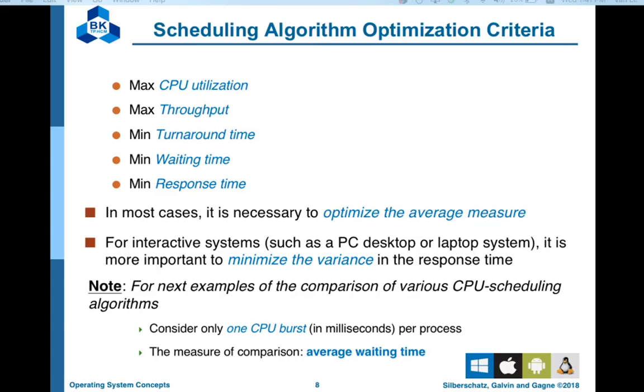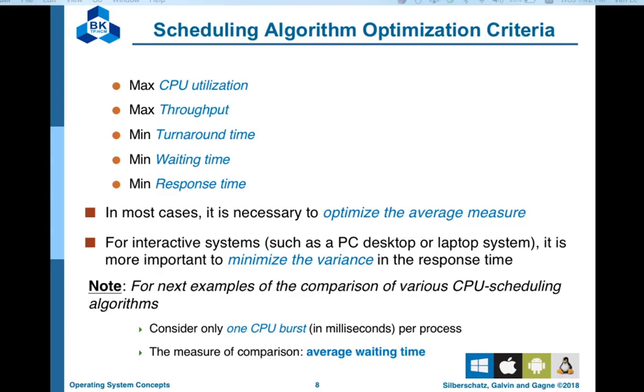We want to minimize the waiting time, and we also want to minimize the response time. So you see here, if the criterion refers to time, we want to minimize it. In most cases, it's necessary to optimize the average measure.